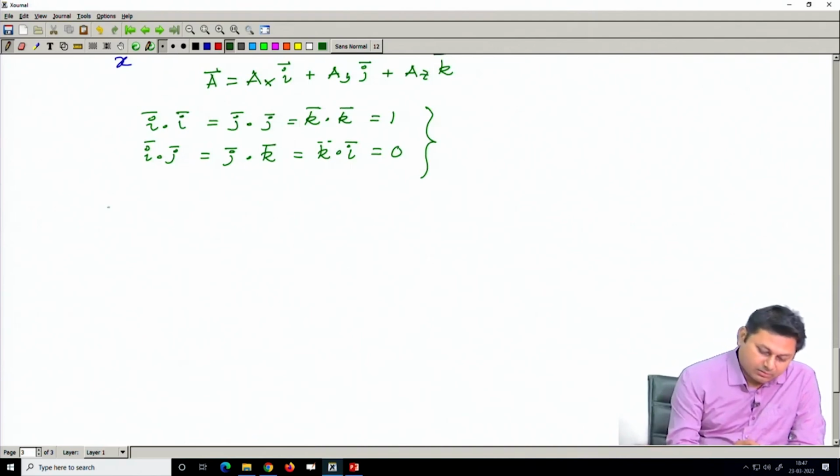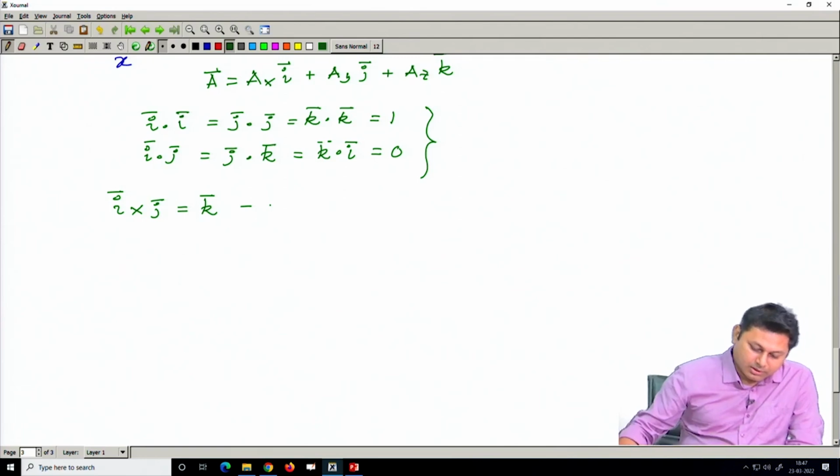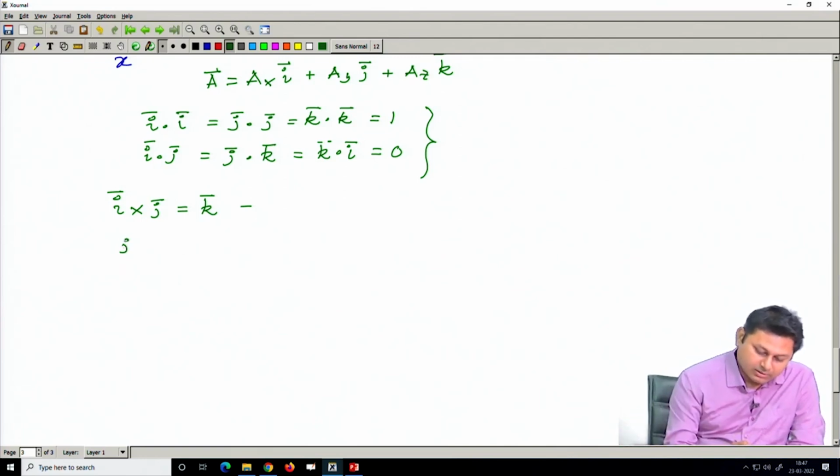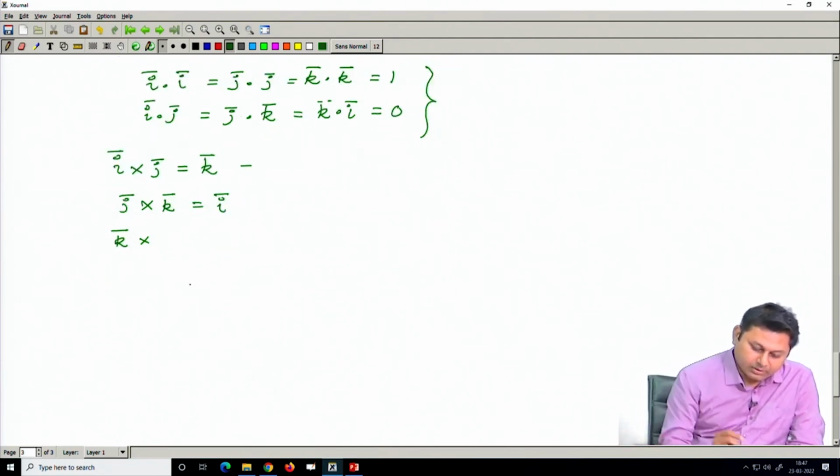Not only that, i cross j is equal to k, and then j cross k equal to i, and k cross i should be j.